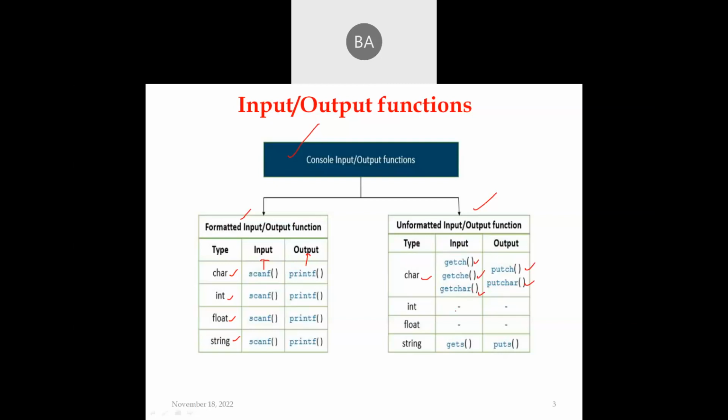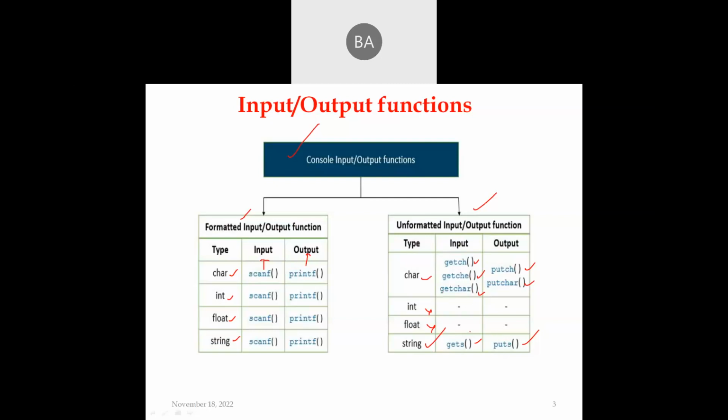There are no unformatted input output functions for reading integer type of data as well as floating point data. For reading of strings, we have the gets and puts functions. So these are the classification of different types of unformatted input output functions to read character type of data as well as string type of data.